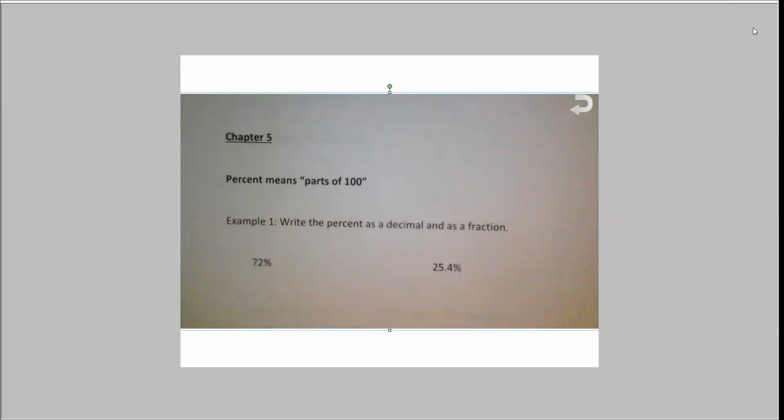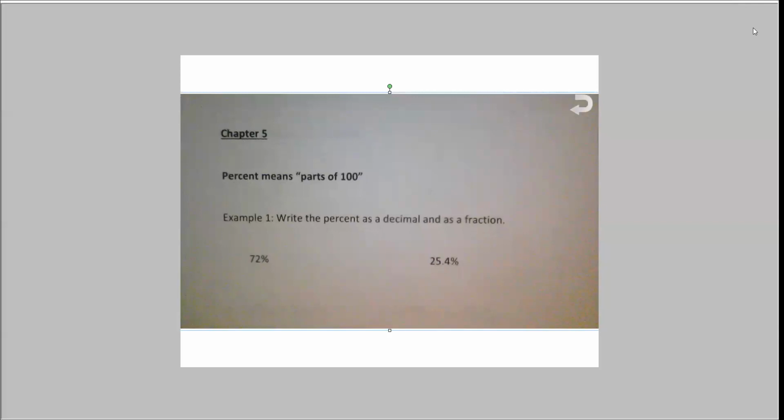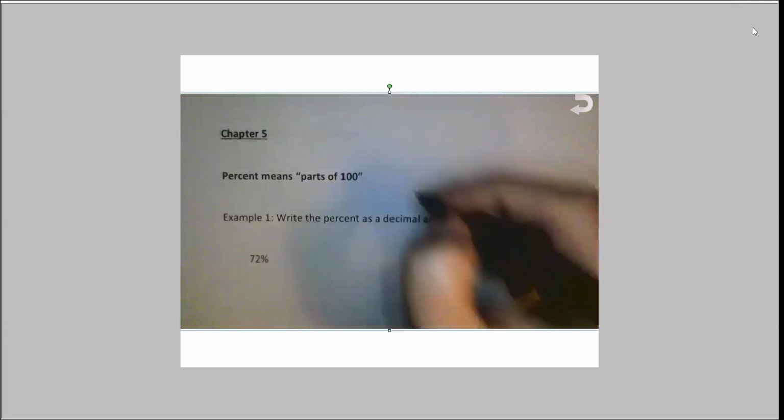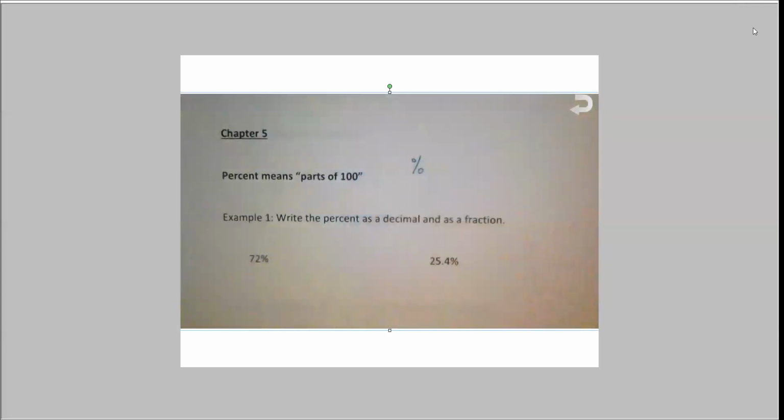So one note that you need to be aware of is that percent means parts of 100. Percent is how many parts of the whole do you have. So remember, this is the symbol that we use for percent. So if your answer is a percent, you'll want to make sure that you label that correctly.